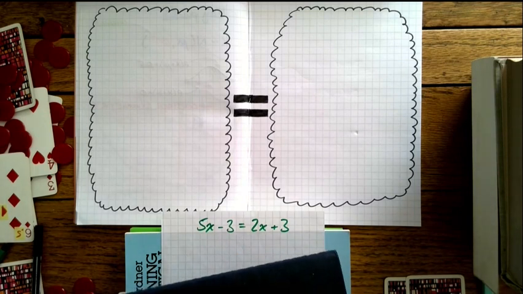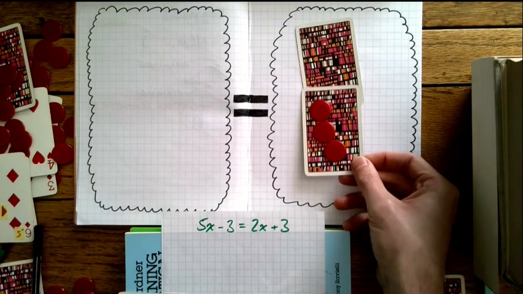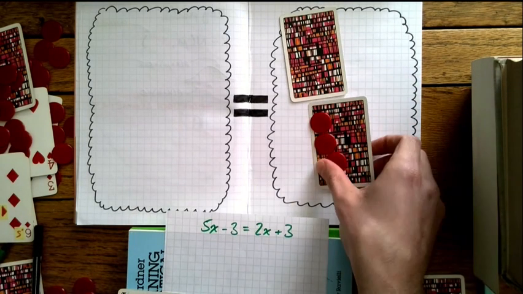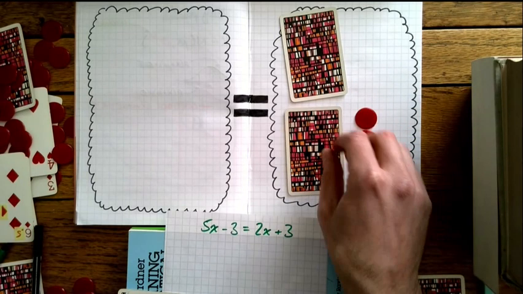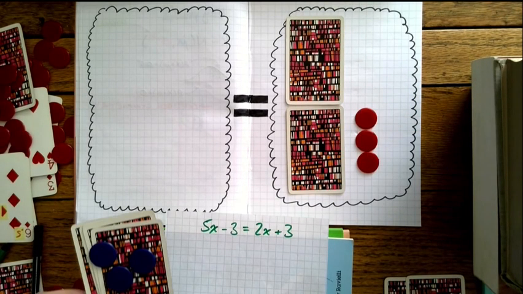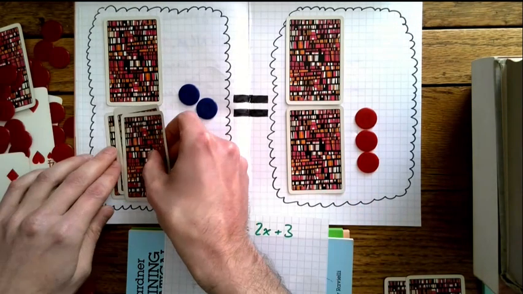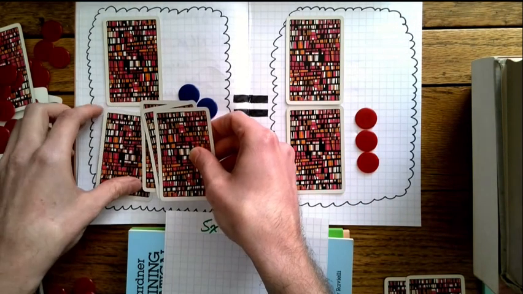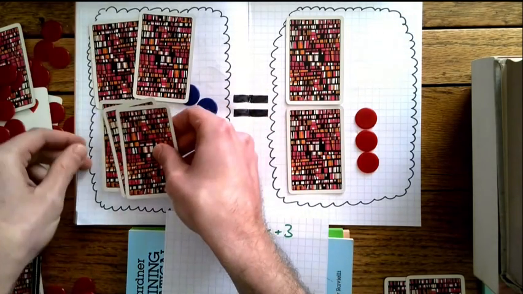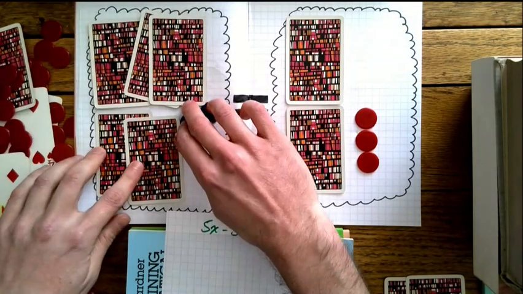Now when I do this with pictures, with these cards and these counters, on the right hand side we've got exactly the same. But on the left hand side, these blue ones are going to be my negative numbers now. And I have 1, 2, 3, 4, 5 cards on that side.